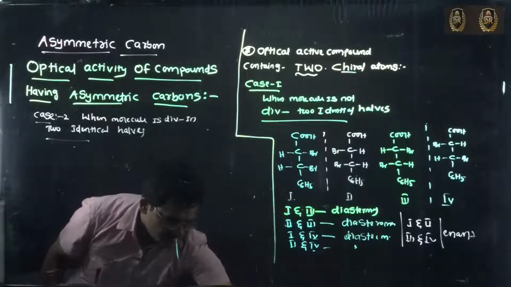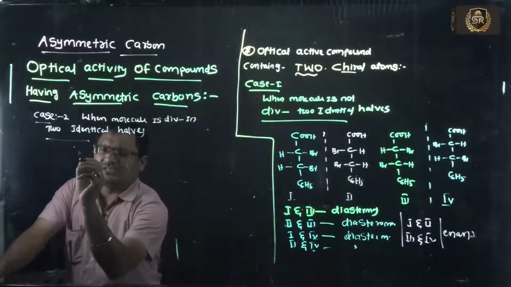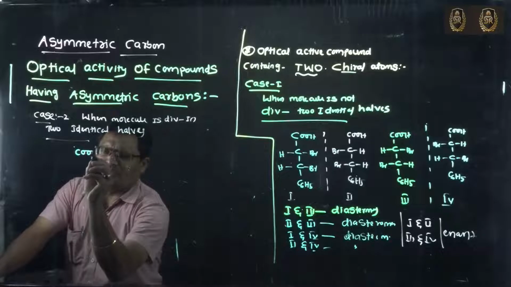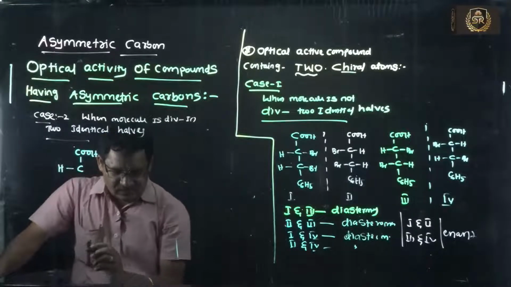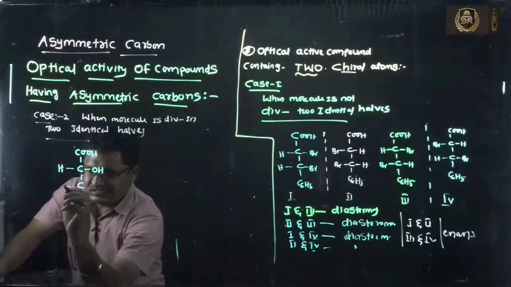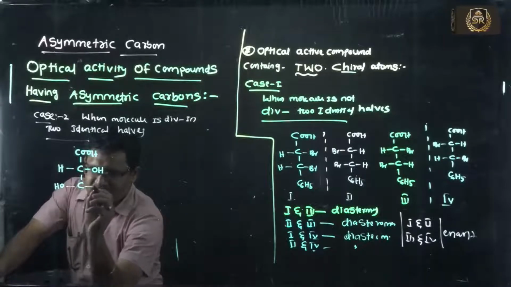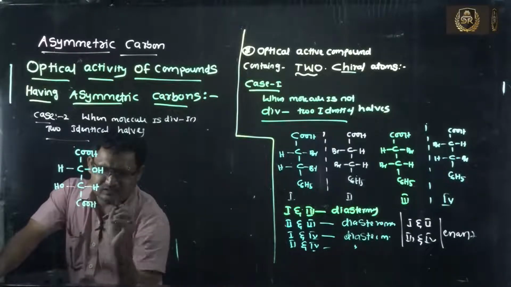See, this is the formula. This is COOH. Now this side C, this side H, and this side OH, and this side C, this side OH, this side H, and this side COOH. This is one.